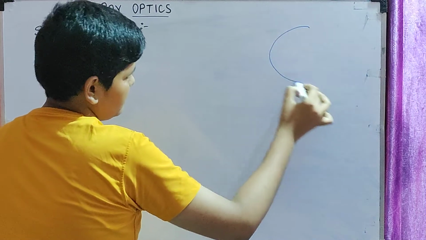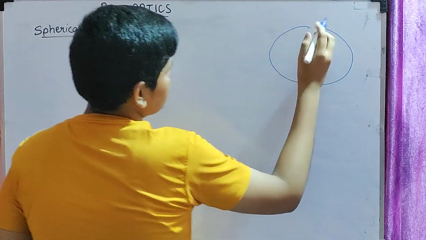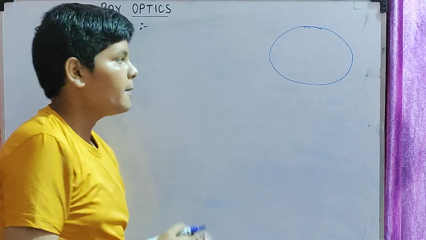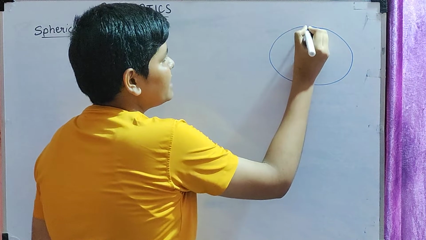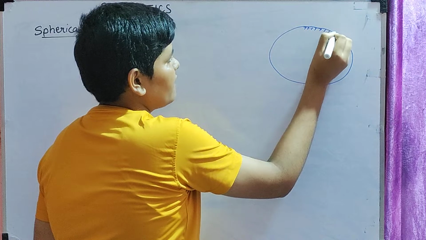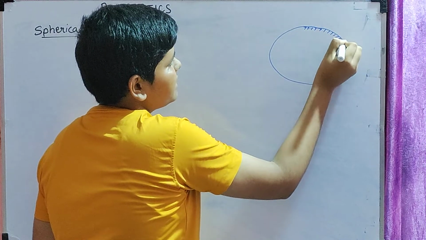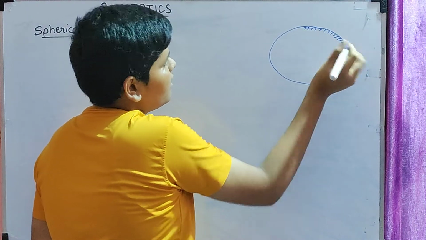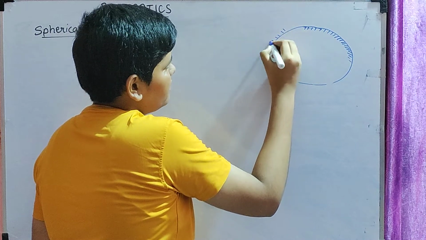So let us take one sphere. This is not a circle, it is a sphere. So we are silvering some points over here. Let us take half, it is silvered inside, half it is silvered outside.